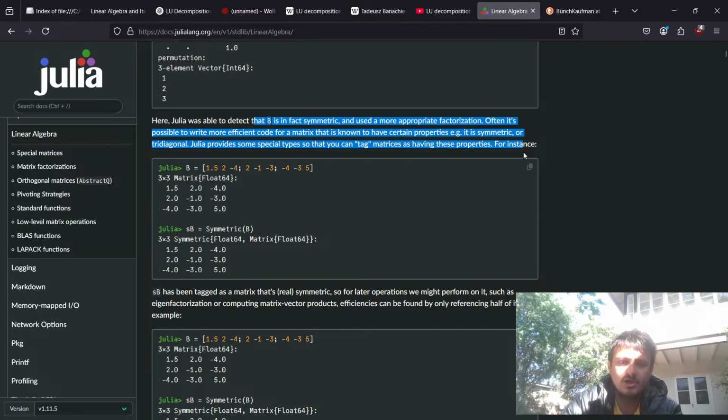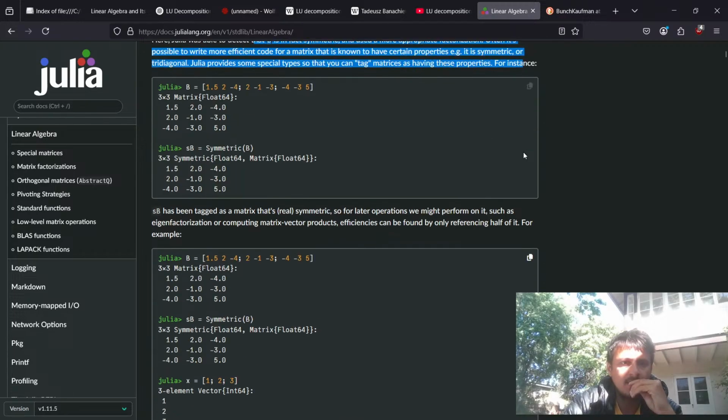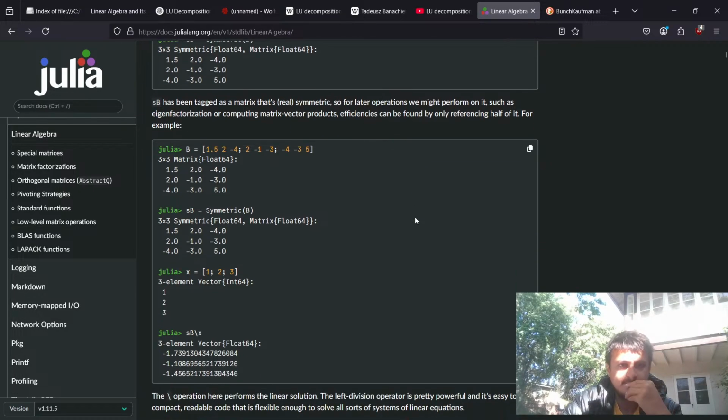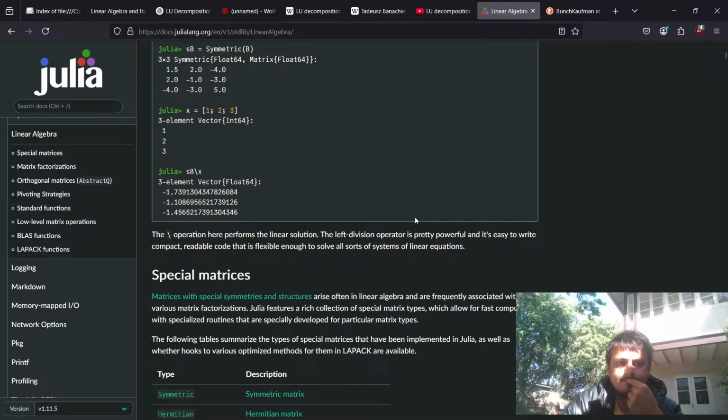Yeah, if a matrix is known to have certain properties, then it doesn't have to do all the checking. That's fine. So, but when you do a back solve, I don't think that that necessarily does.